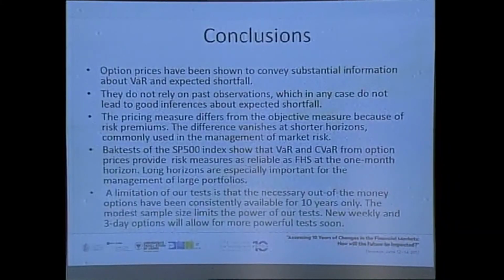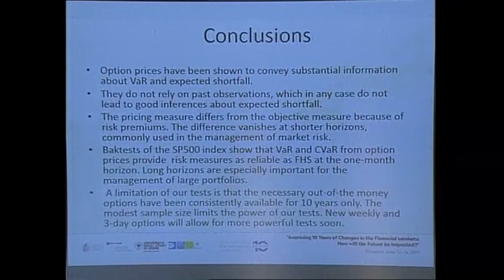So what are my conclusions? Basically, I showed you a very simple way to elicit value at risk and conditional value at risk simply by looking at your screen, maybe using one line of Excel to divide by alpha.